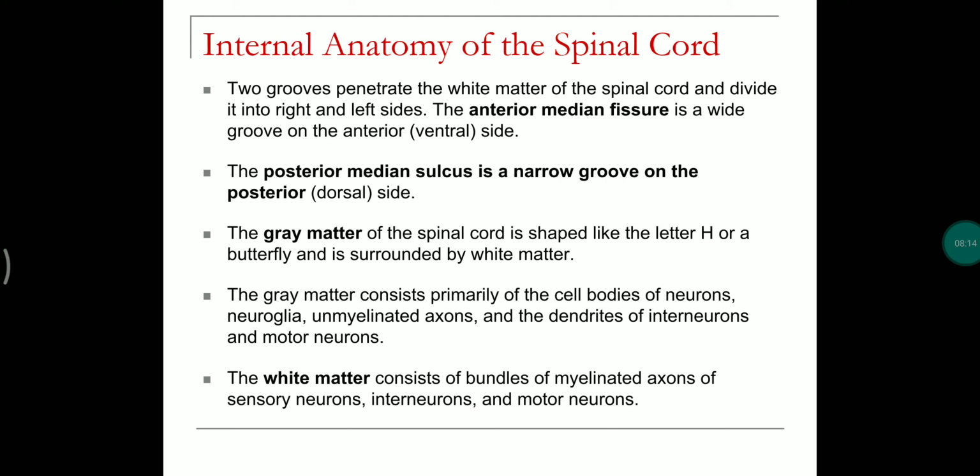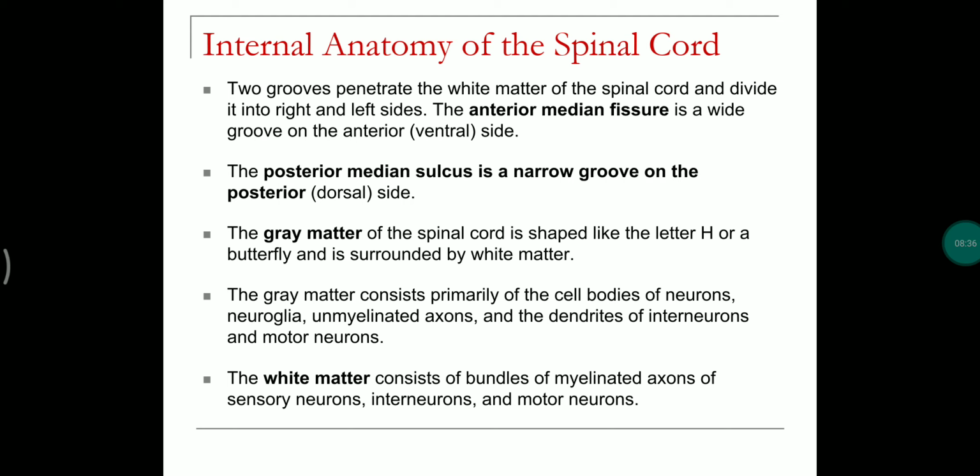The gray matter of the spinal cord looks like an H-shaped or butterfly-shaped structure, and there are two groove-like structures which divide the entire spinal cord into left and right parts.